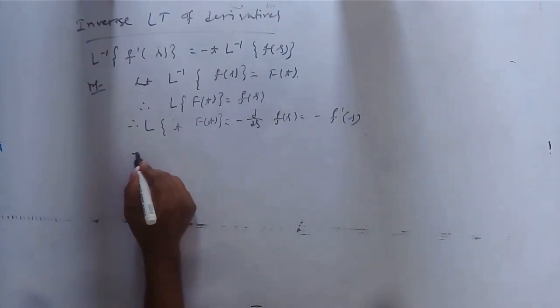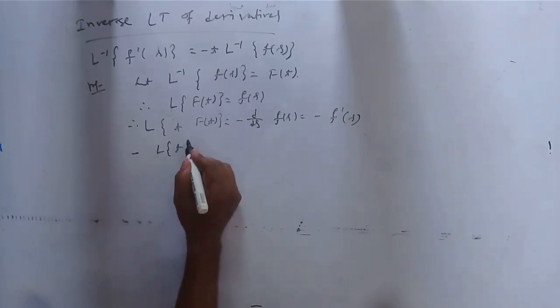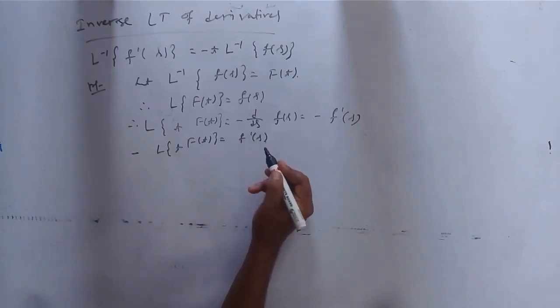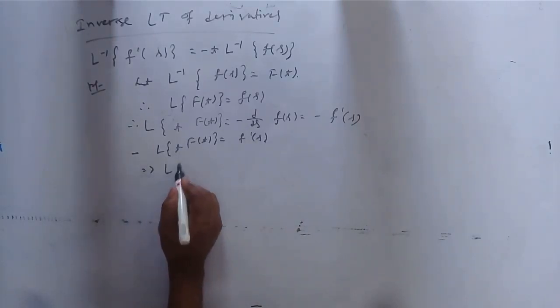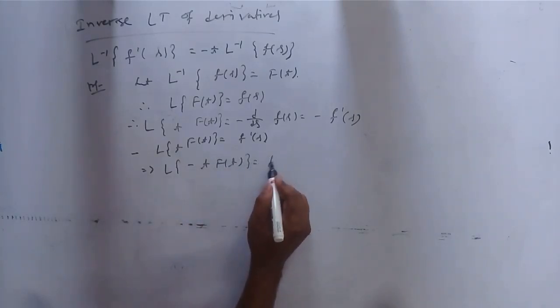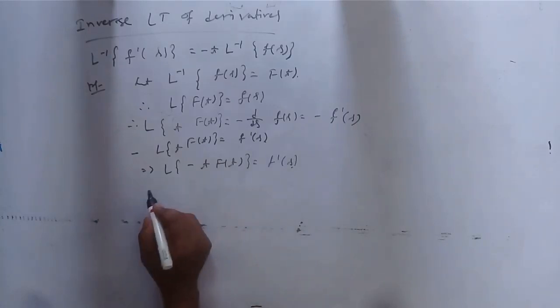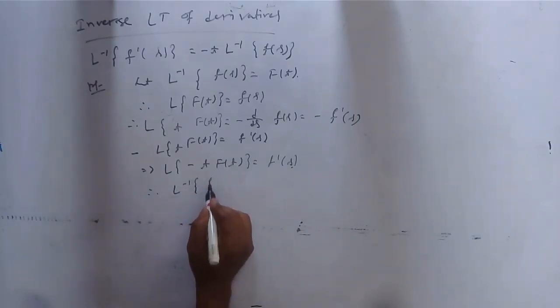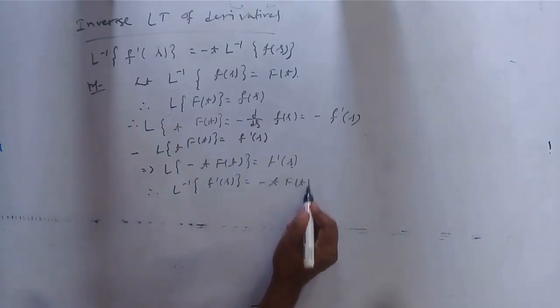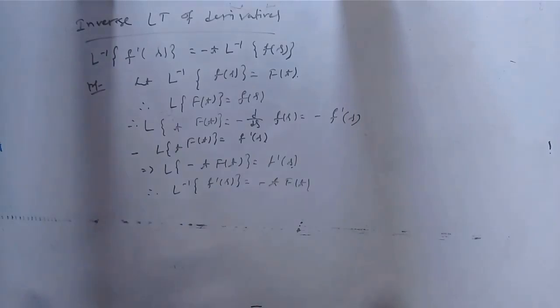So now minus L of t f(t) equals F dash (s), that is L of minus t f(t) is equal to F dash (s). Therefore L inverse of F dash (s) equals minus t f(t). So this was the proof of inverse Laplace transform of derivatives.